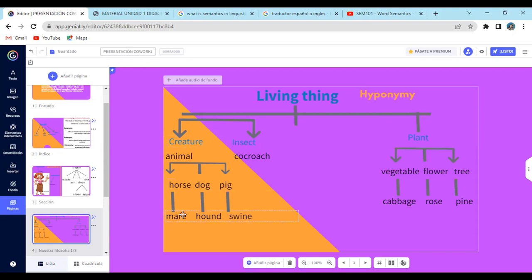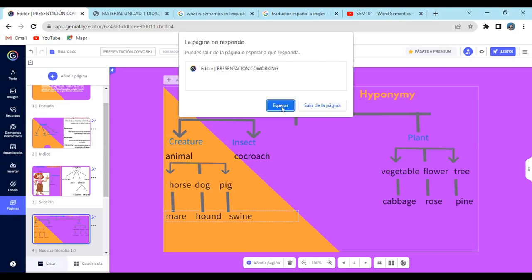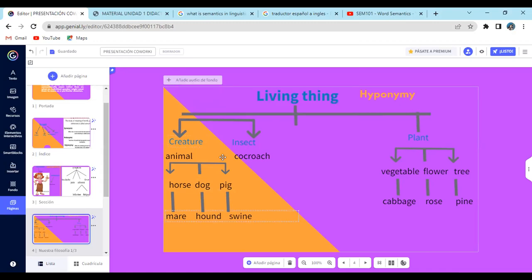The word mare is describing the word horse. Okay, so mare is describing the word horse, but horse is describing the word animal.